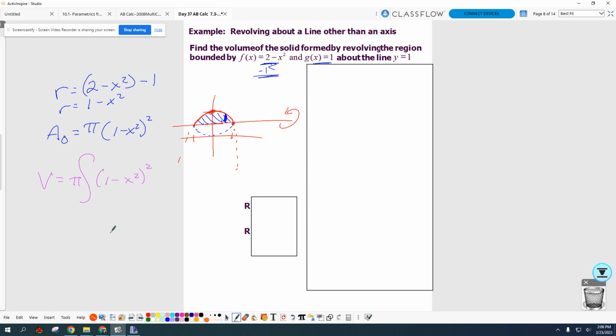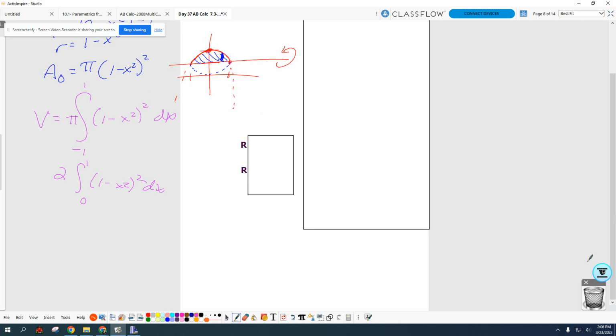Negative 1 to 1. Is this also correct? Oh, sorry, I dropped the pi, so no, it was not correct. Is this now also correct?